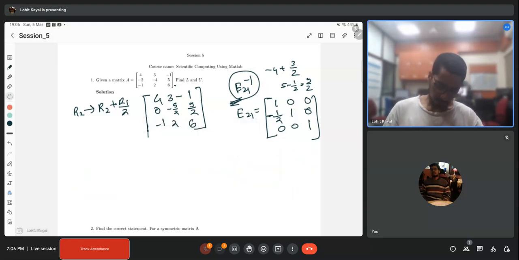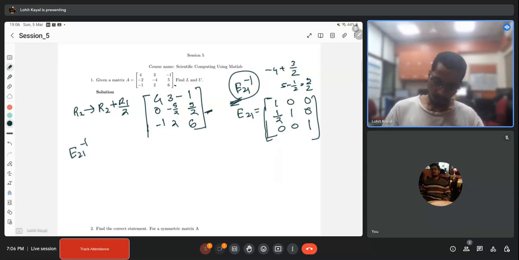The claim is, when I put half, this will give me E21, because it is operating on the first two rows. Now if I multiply E21 inverse with this matrix, we should get our A back.